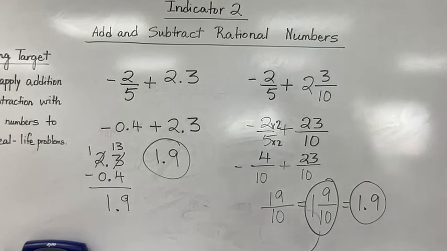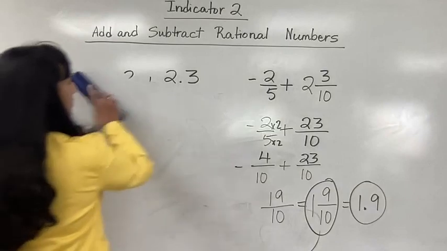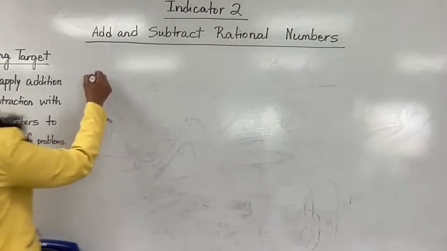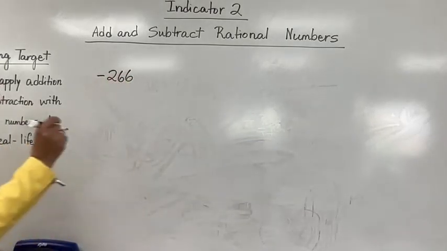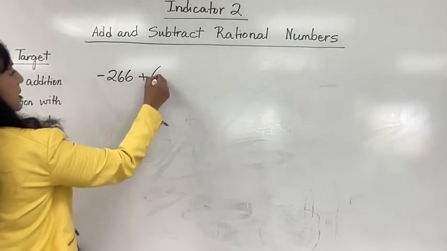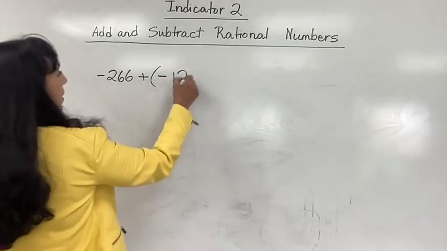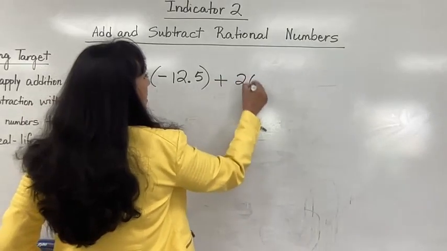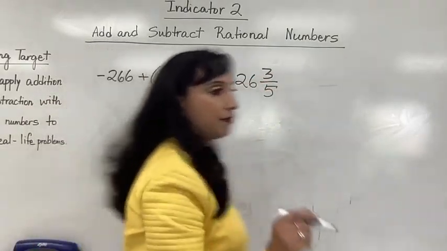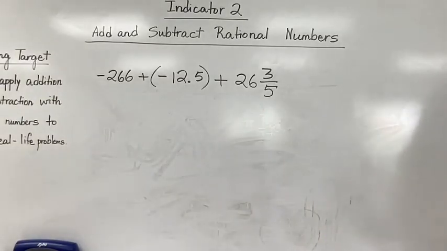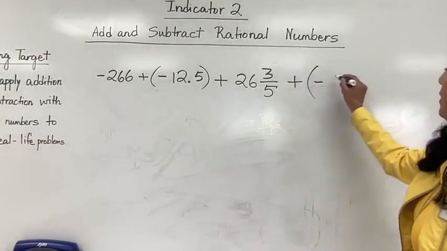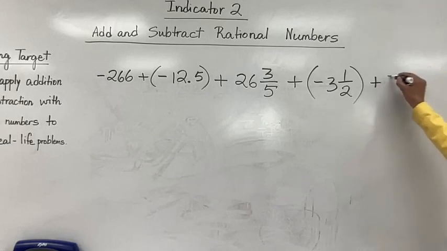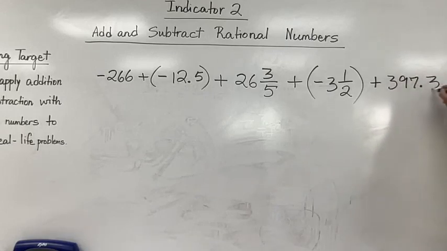All right, so let's do a problem like this. If I give you negative 266 plus negative 12 and 5/10, plus 26 and 3/5, plus negative 3 and 1/2, plus 397 and 3/10.